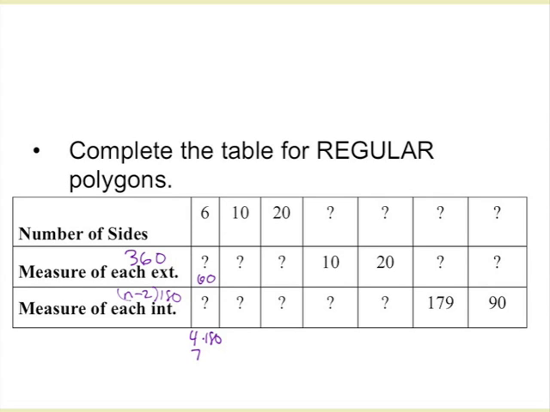And that is 720. So then how do I figure out how big each of them is? Divide it by 6. And that gives 120. Okay, so we can find out our total inside using that n minus 2 times 180 formula. And then we want to divide it up by how many we have. And that'll give us how big each inside one is.